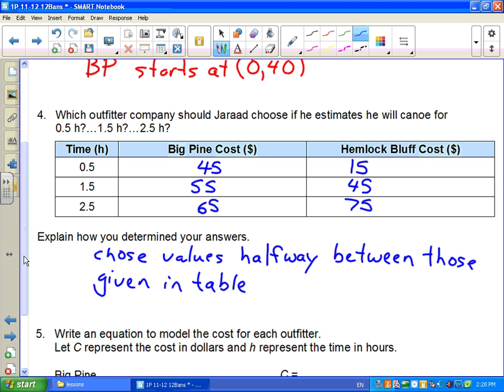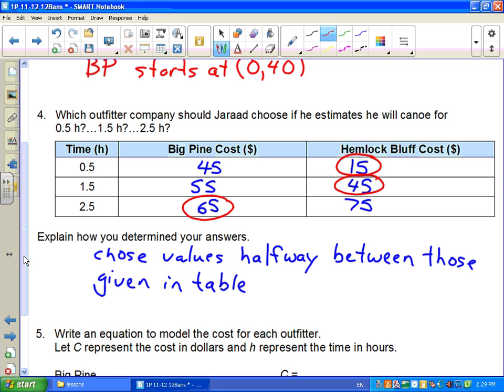Which one should he choose? Corey. Why? Okay. What if he wants to rent for 1.5 hours? Which one should he choose? Okay, because again, it's cheaper. And what if he wants to rent for 2.5 hours? Now this one is cheaper over here if he rents it for longer.